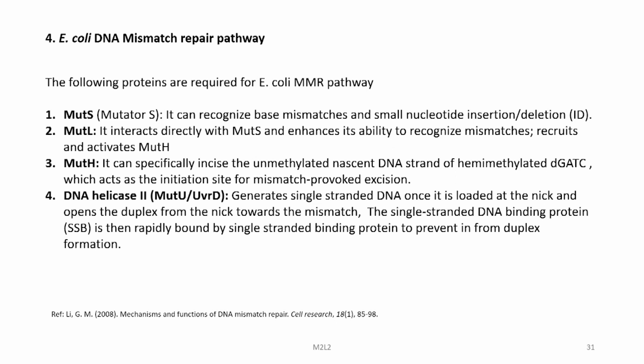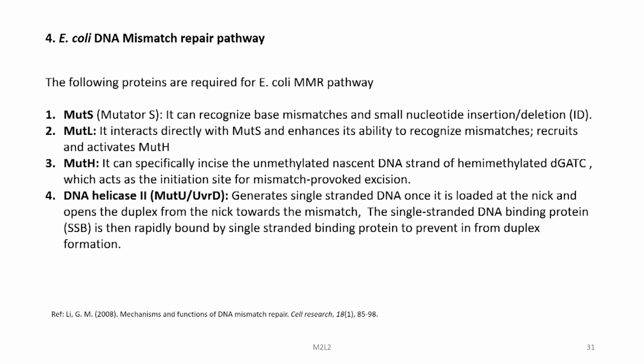For example, MutS recognizes the base mismatches and small nucleotide insertions or deletions. MutL interacts directly with MutS and enhances its ability to recognize these mismatches, and recruits and activates the MutH. MutH can specifically incise the unmethylated nascent DNA strand of hemimethylated GATC, which acts as the initiation site for mismatch-provoked excision.